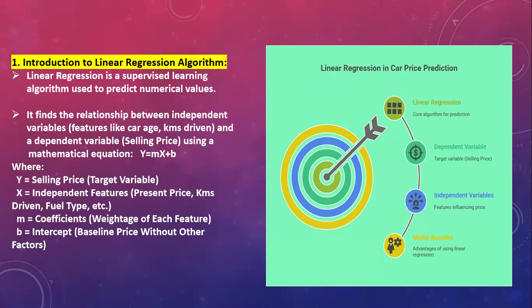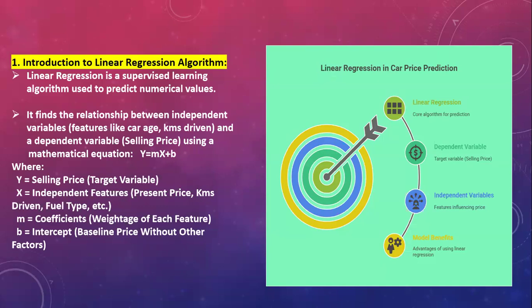Then it finds the relationship between the independent variables, which in my use case are features like car age, kilometers driven, and depreciation, and a dependent variable, the selling price, using a mathematical equation. That is y = mx + b, where y is our target variable.